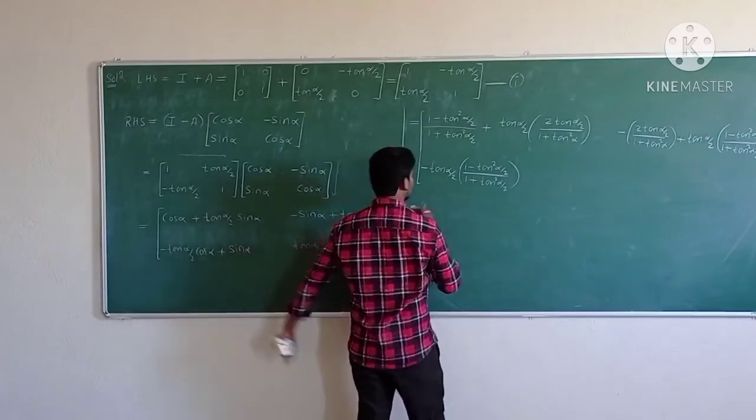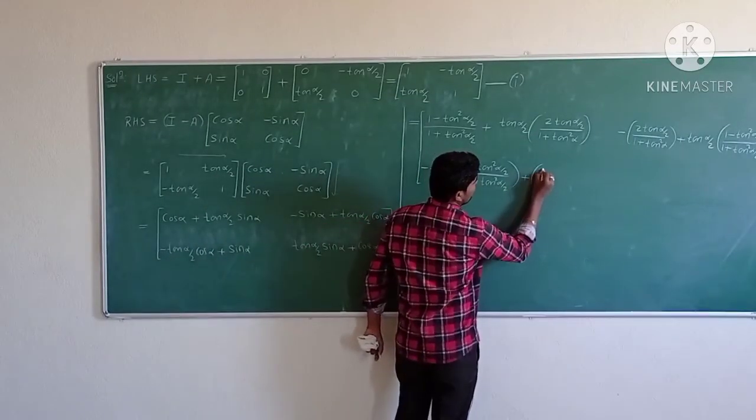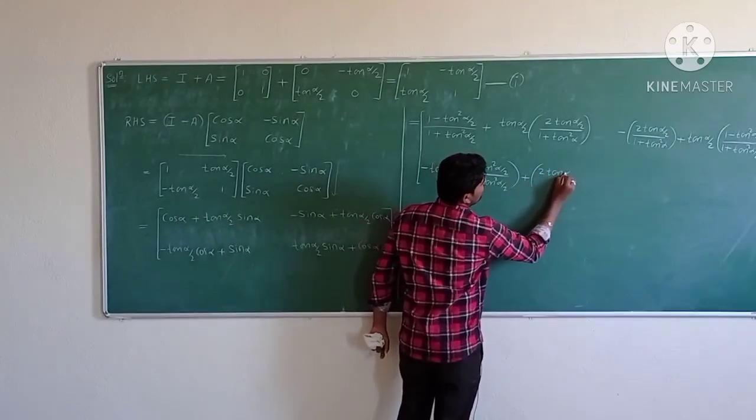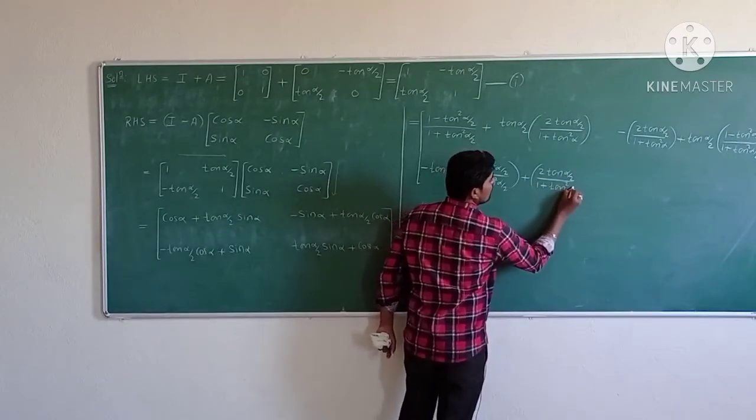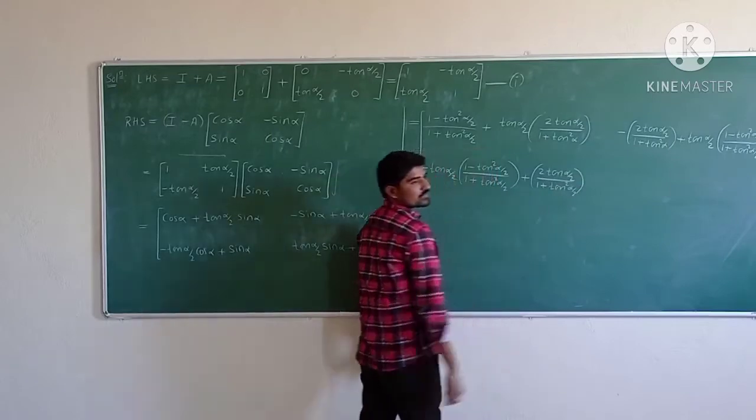Then plus sin alpha, the formula for sin alpha is 2 tan alpha by 2 divided by 1 plus tan square alpha by 2.